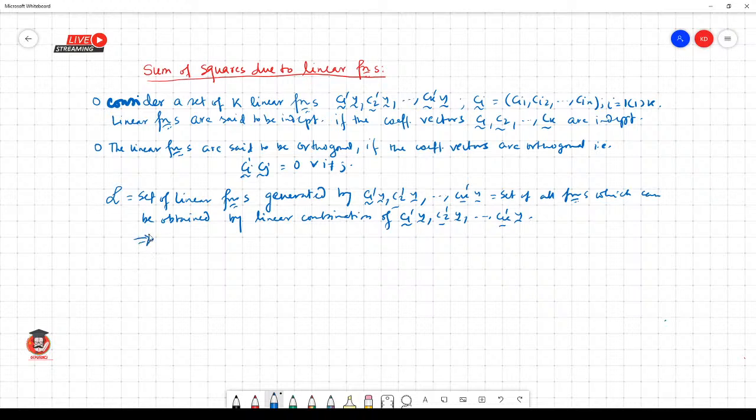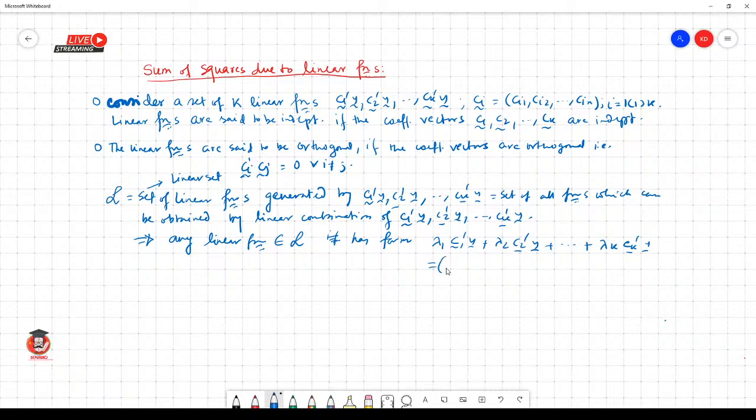That means any linear function belonging to script L, sometimes called a linear set, actually this is called the linear set script L. So any linear function belonging to script L has the form λ1c1'y + λ2c2'y + ... + λkck'y.